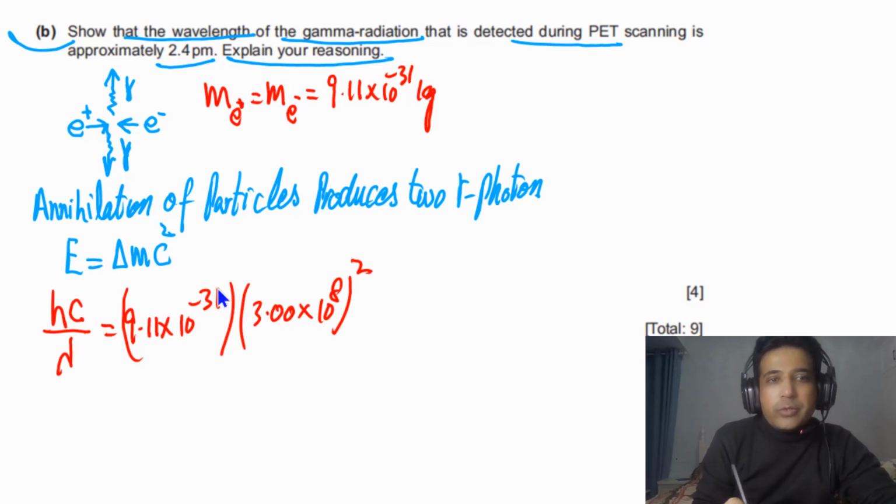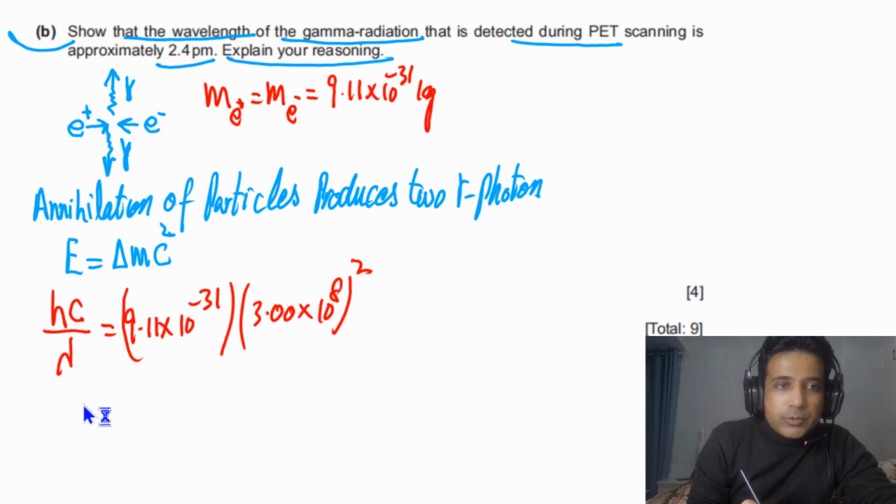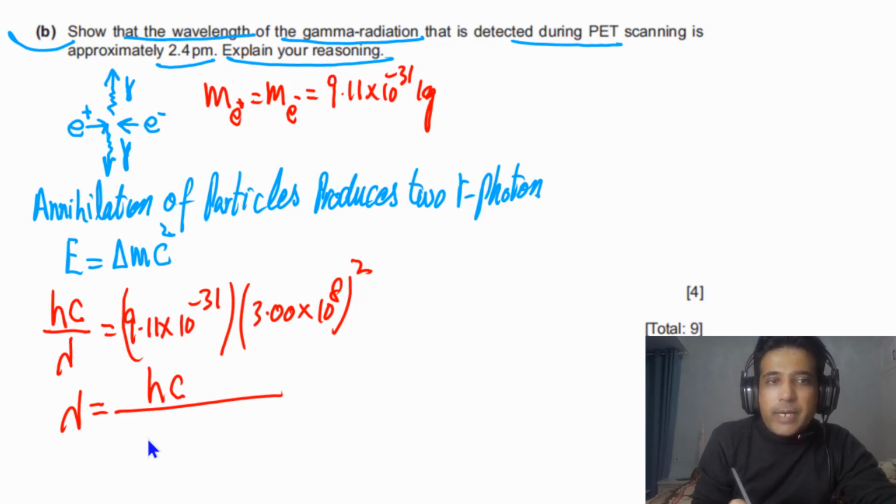We have to calculate lambda, so lambda will be equal to hc divided by this: 9.11 times 10 to minus 31 multiplied by 3.00 times 10 to 8 squared.